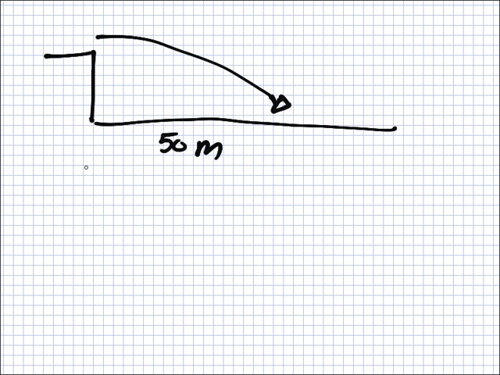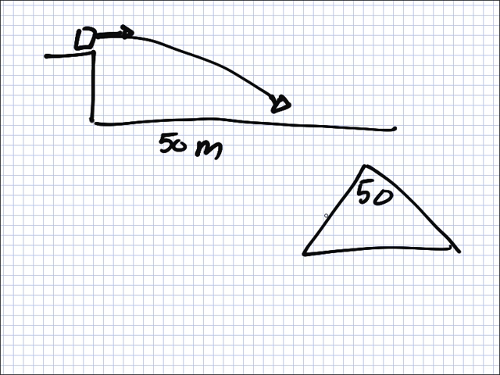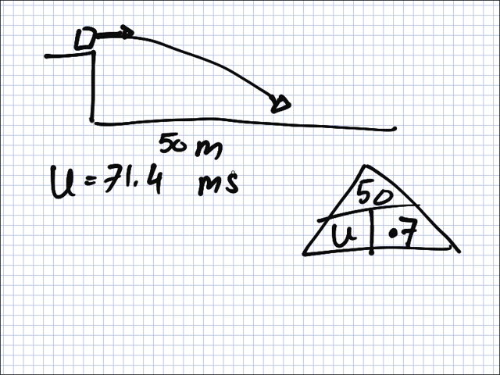So the first thing is they want the horizontal speed here. So it's constant. Distance, speed, which we don't know, and time, which we do know. 71.4.